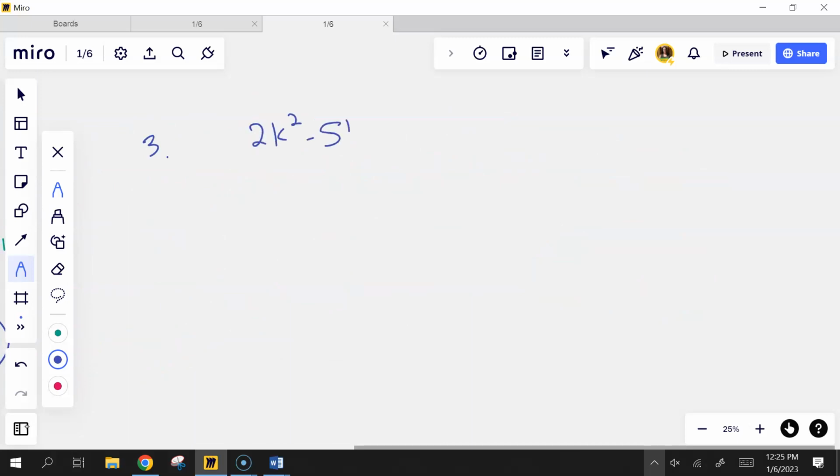2k squared minus 5k minus 3 over k cubed minus 27. I lied. I don't like this. Factoring here up top. What multiplies to -6 but adds to -5? -6 and +1. So this is going to have to be a slasher, guys.